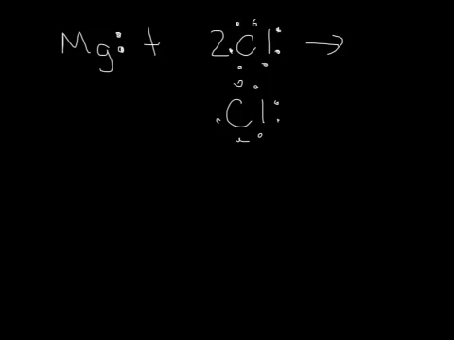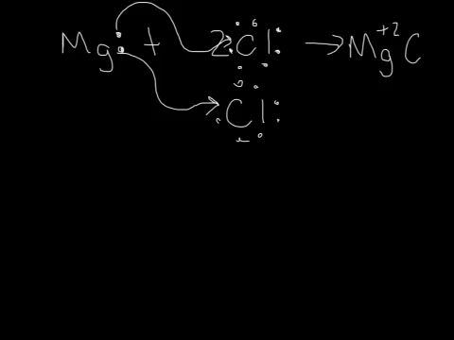So what's going to happen is 1 electron is going to go to that chlorine. 1 electron is going to this chlorine. So we have magnesium with a +2 charge, chlorine, and how many do I have? 2. I put that little subscript 2 to tell me that there are 2 chlorines.